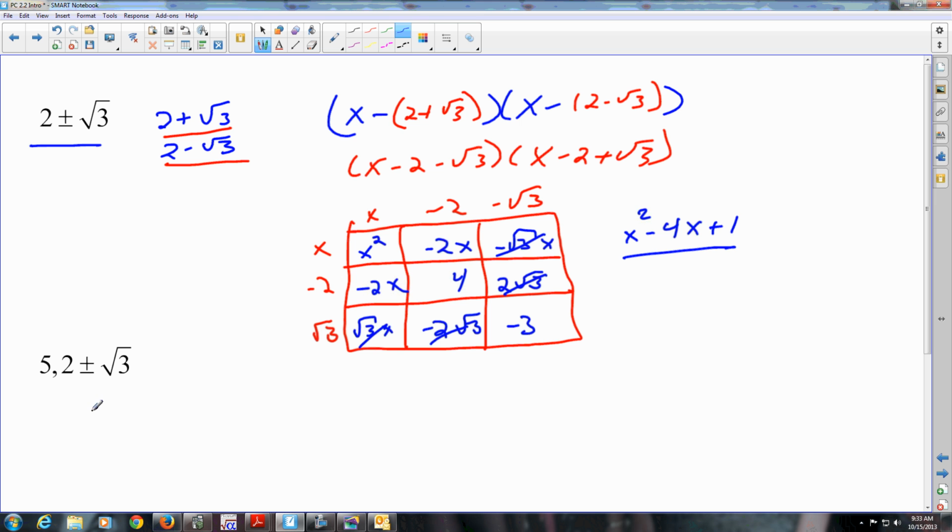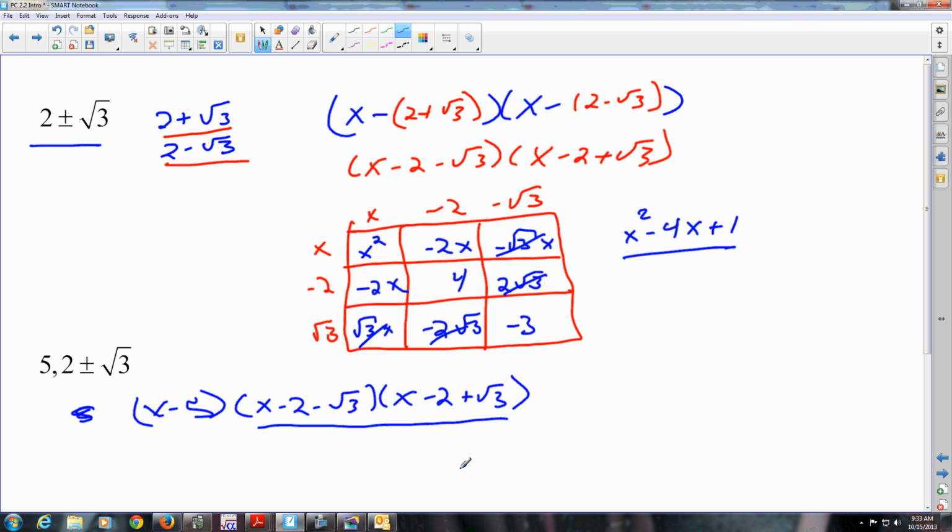If I give you three numbers, then it's going to be 5, x minus 5 times x minus 2 minus the square root of 3, and x minus 2 plus the square root of 3. I would strongly recommend that you multiply those together first, like we did here.